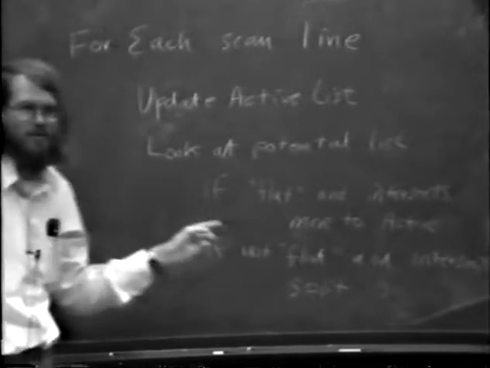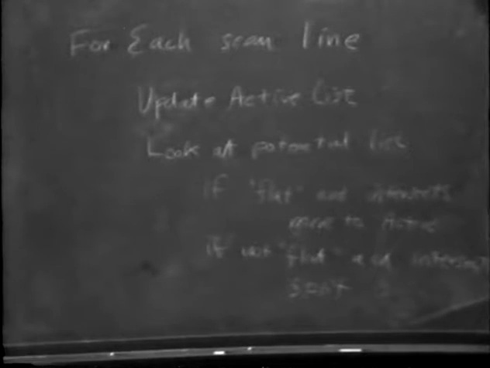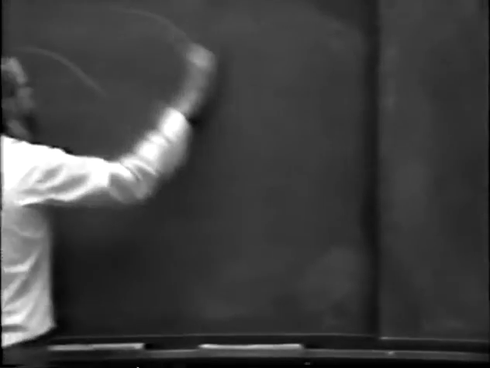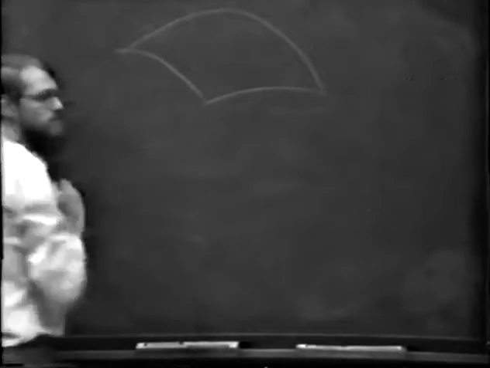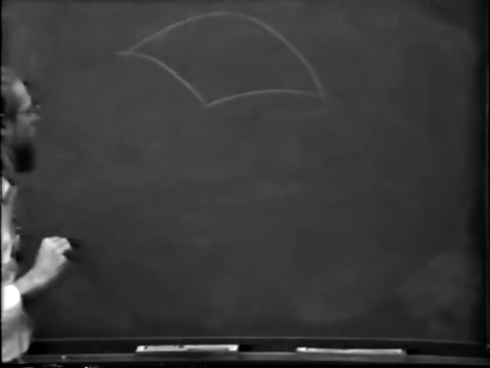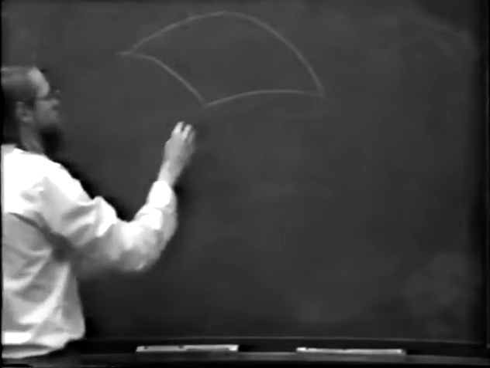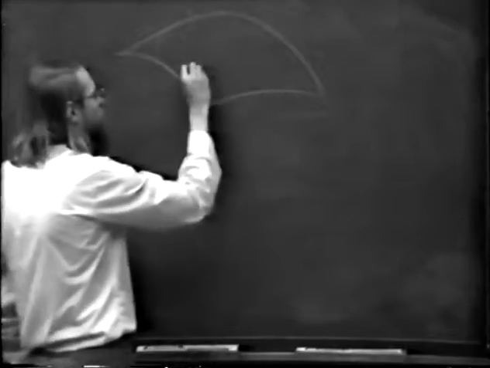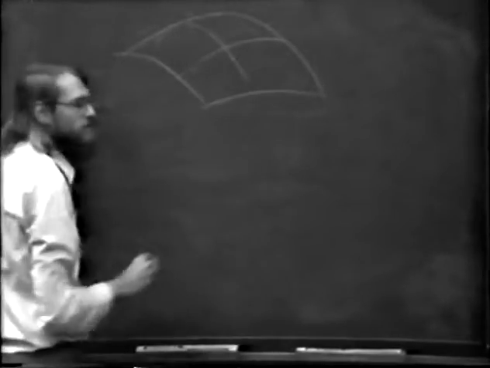There is one problem with this thing, and that is holes. We have a patch like this, and when the scan line comes down here and it's not flat enough, you would divide it into 4 pieces.